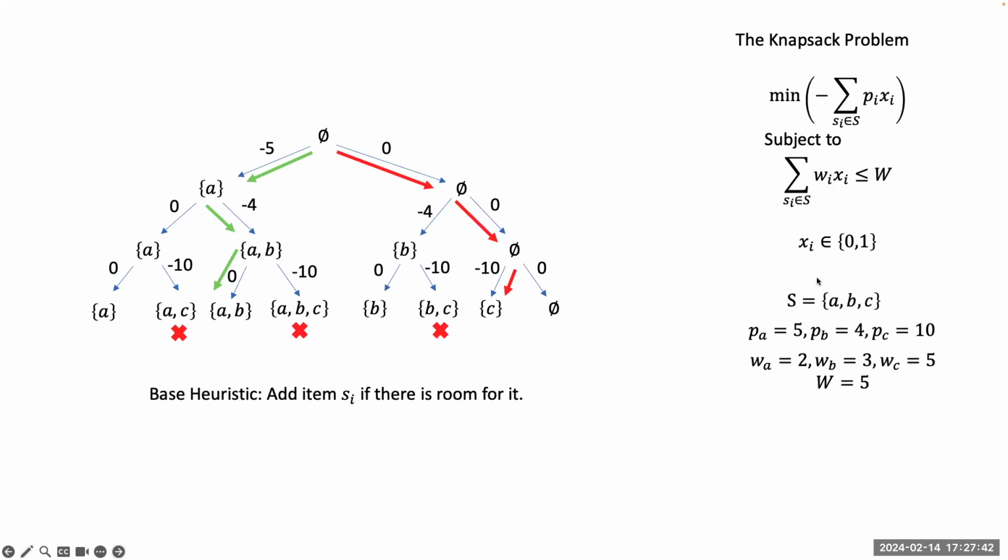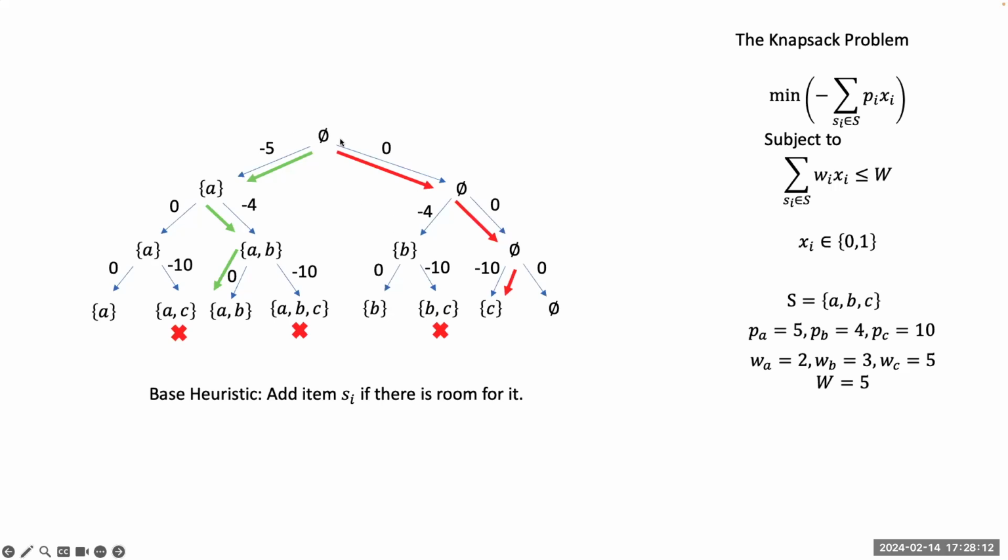We want to find a combination of these items to put in our bag that maximizes the profit, or in the case of a minimization, we want to minimize the negative profits. Subject to the constraint that the sum of the weights of whatever items you put in your bag is at most W. So we can apply a constrained rollout to this as well, but we need a base heuristic.